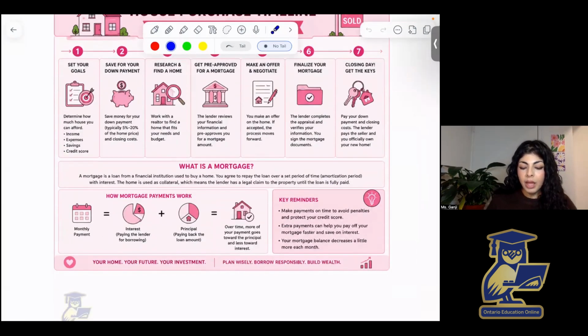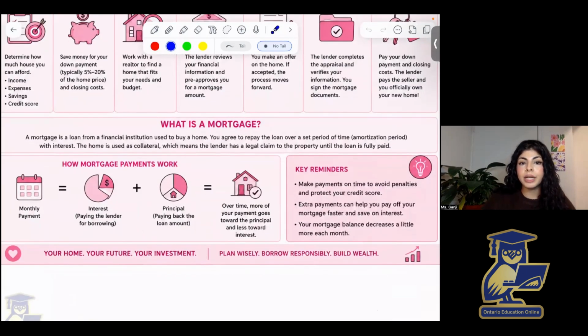So, here we just have the definition of mortgage again, but one thing I want to point out to you is that anytime a house is paid off using a mortgage, that house is used as collateral, which means that the lender, which is again typically the bank, has a legal claim to the property until the loan is fully paid off, which also makes sense.